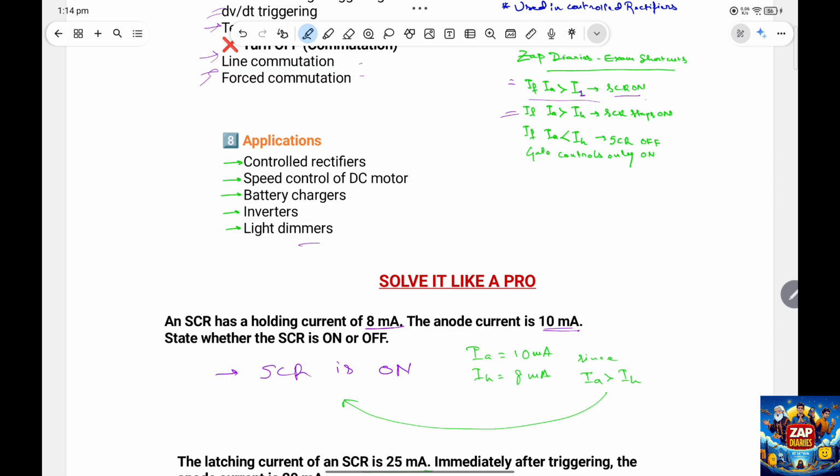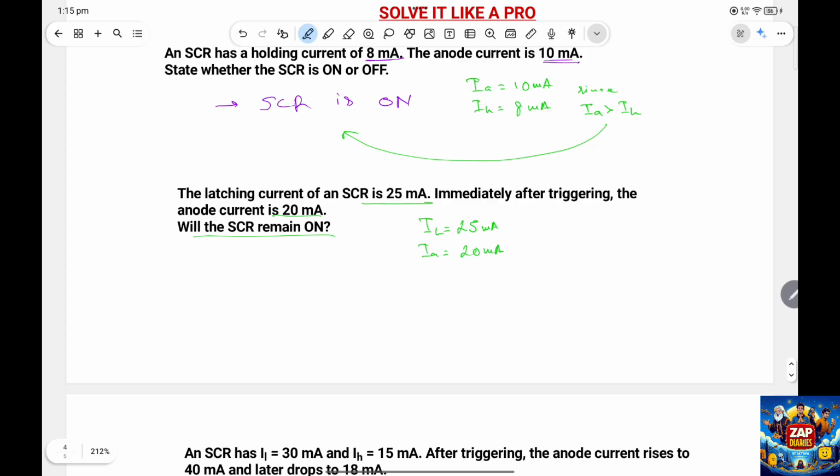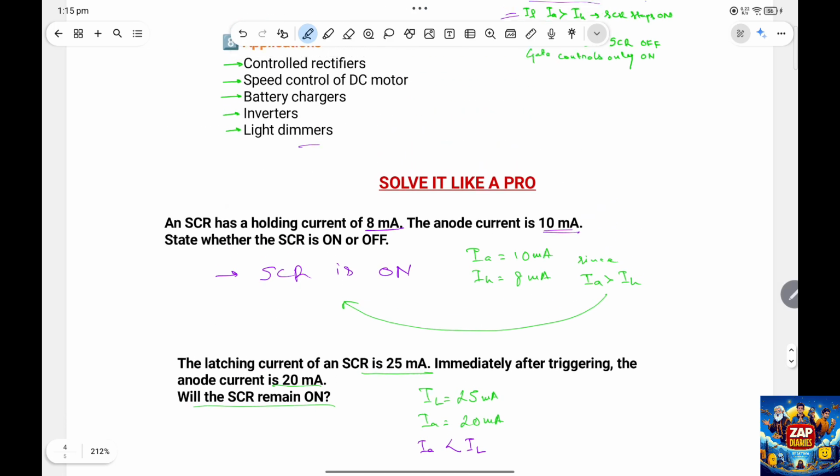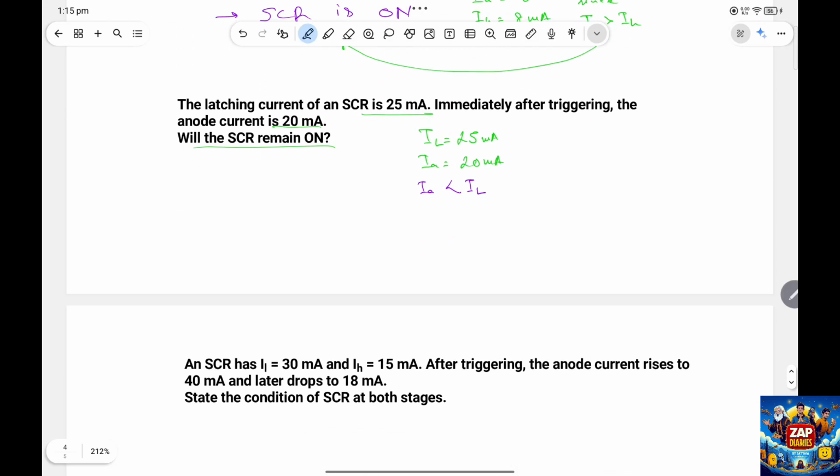Okay, if anode current is greater than latching current, then the SCR stays on. Here you see the anode current is 20 and latching current is 25. So the anode current is smaller than the latching current. That means the SCR turns off, vice versa of this one. So the SCR stays off.